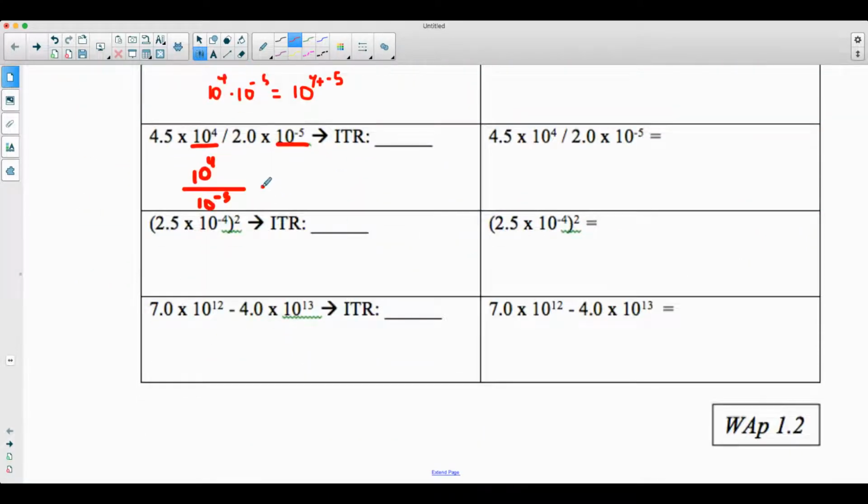So this becomes 10 to the 4 minus negative 5, and subtracting a negative is plus a positive. So that is just 10 to the 9th. We would expect our answer to come out to roughly 10 to the 9th.